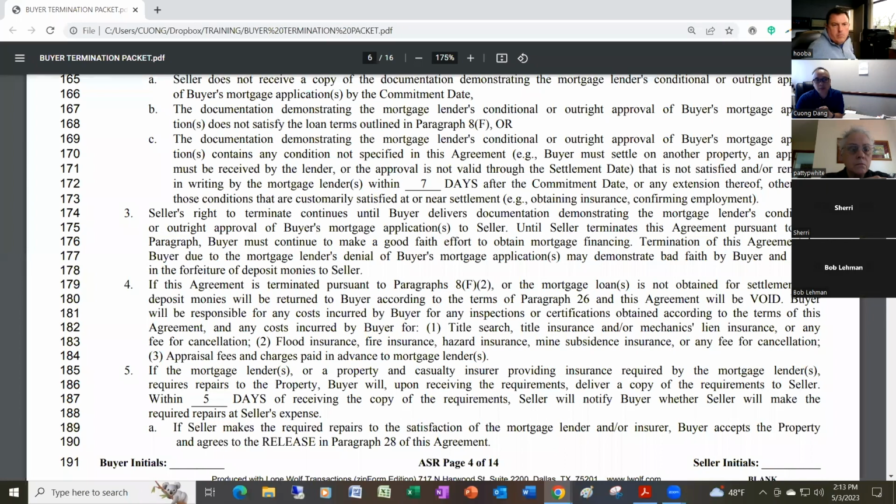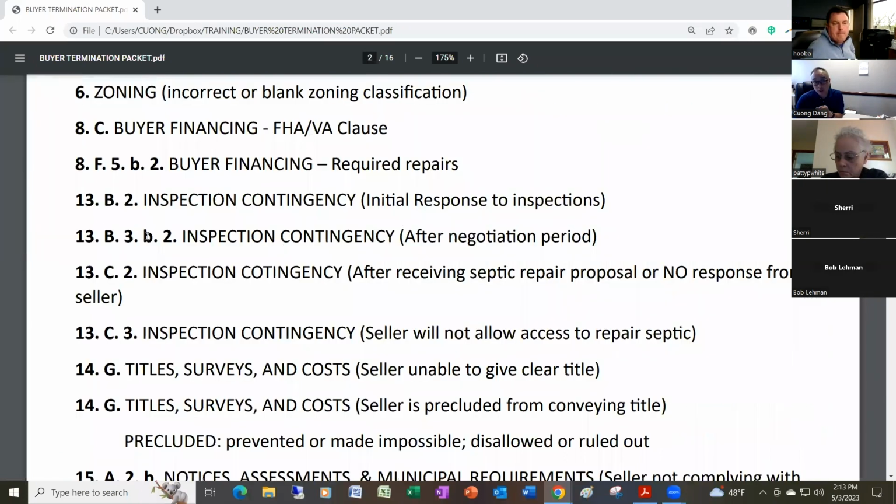So going back up again, next one, 13B2, inspection contingency, initial response to inspections. And then we also have 13B3, lowercase b2, inspection contingency still, after the negotiation period. Let's go to 13B here.